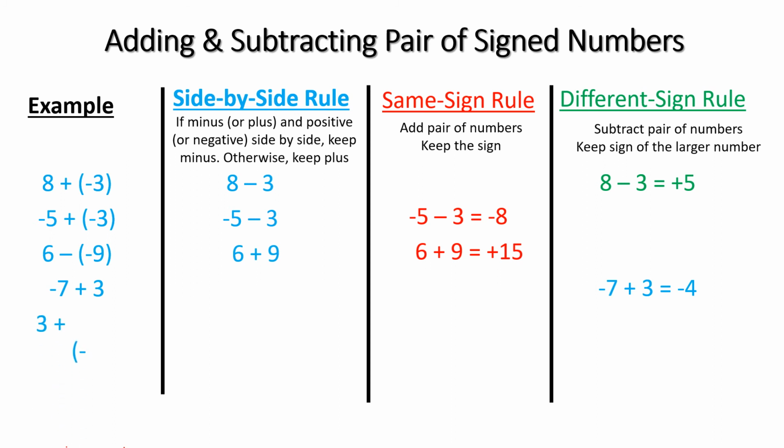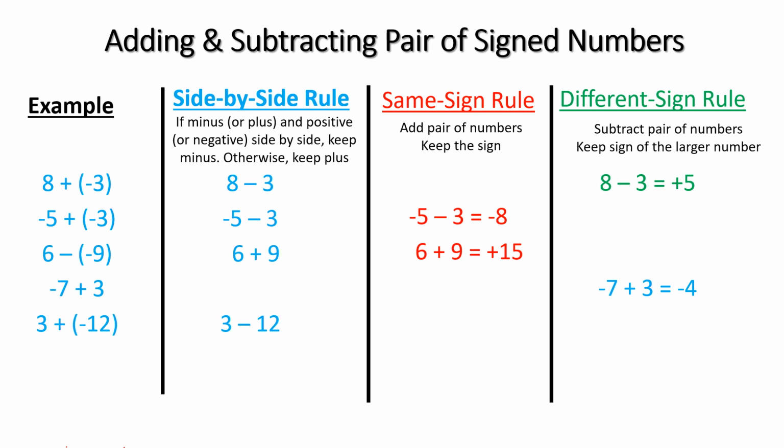The last example here is 3 plus negative 12. We have a sign and operation standing side by side. Therefore, we go to column 1. It means we have to change that to a minus. So that will be 3 minus 12.